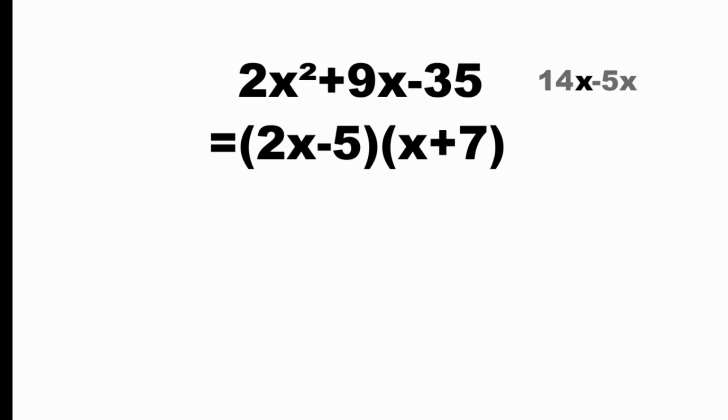Combining this, we have 9x, which is the middle term. So this is the right arrangement of the factors. The factors of 2x² plus 9x minus 35 are the quantity 2x minus 5 times the quantity x plus 7.